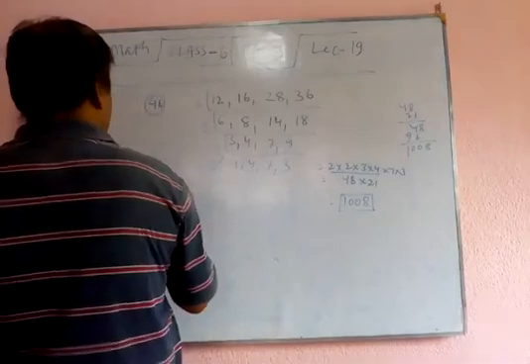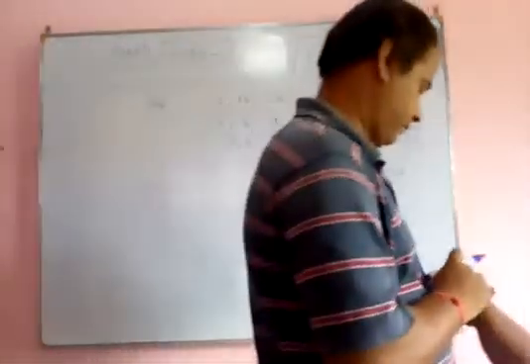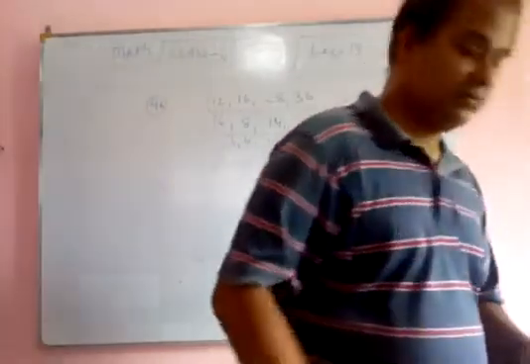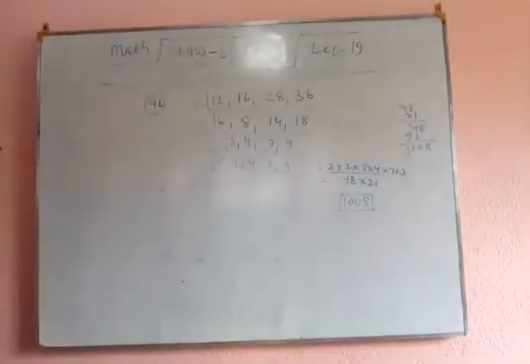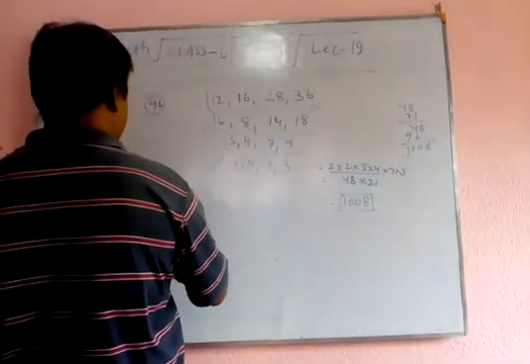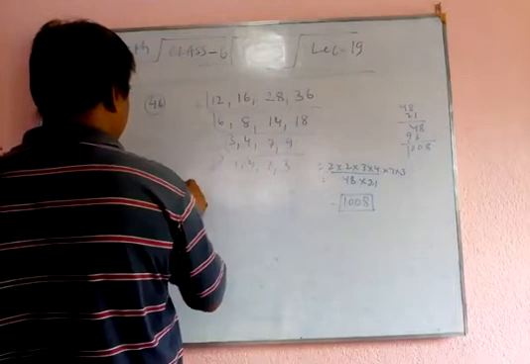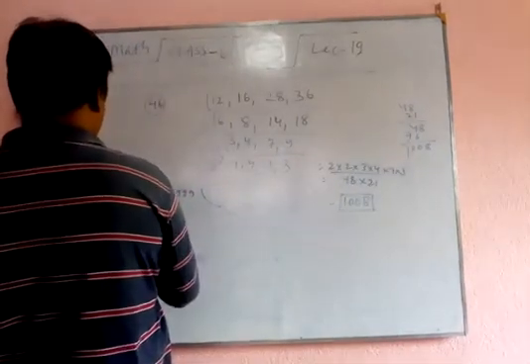Now, the largest number of 4 digits is 9999, and we will divide by 1008.